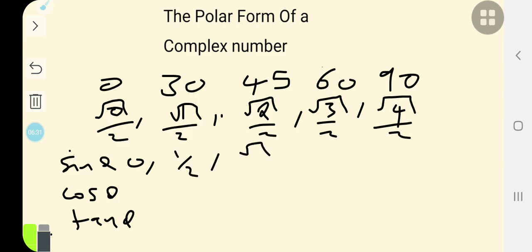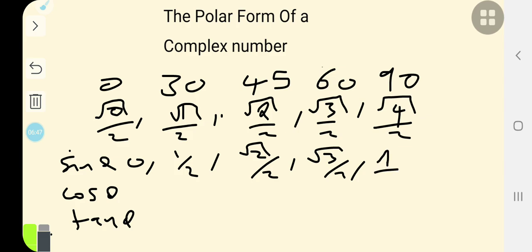From there, the square root of 2 stays, so I'm going to have the root of 2 over 2. From here, the root of 3 over 2. Then there, the square root of 4 is 2, 2 divided by 2 gives me 1.